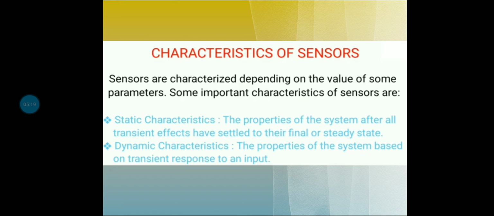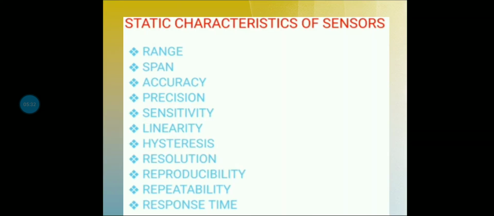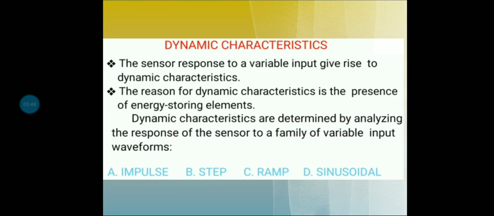The properties of the system based on the transient response to an input are called dynamic characteristics. This is the list of the static characteristics of the sensor: range, span, accuracy, precision, sensitivity, linearity, resolution, reproducibility, repeatability, response time. So these are the static characteristics.